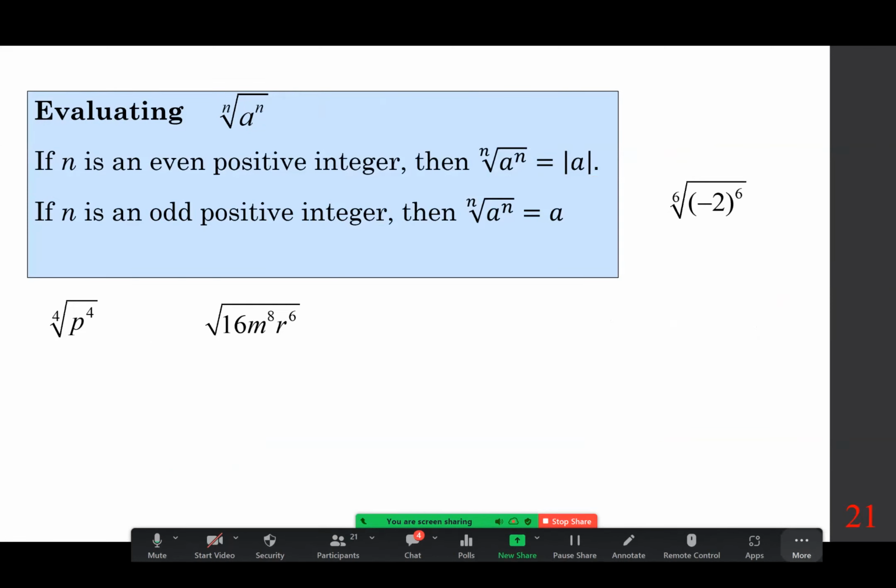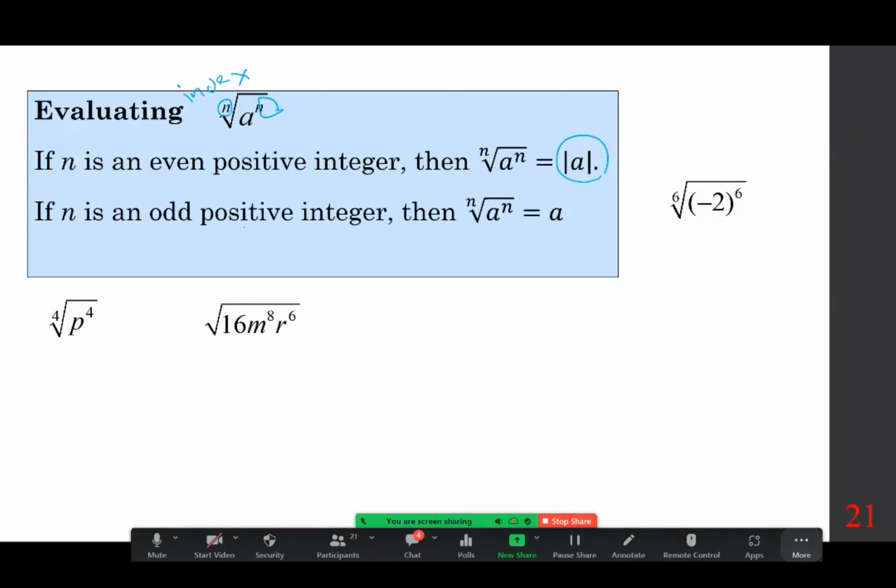All right. If you happen to have the same exponent and the same index, this is called the index, then a comes out. And it depends whether n is even or odd. If it's even and you have any doubts, you go with absolute value. If you are told that the variables are positive, you don't need an absolute value.